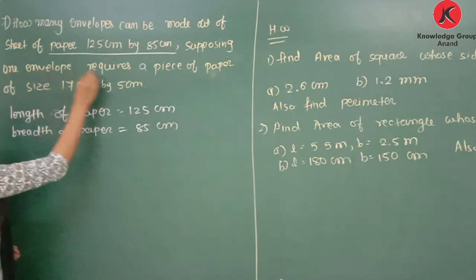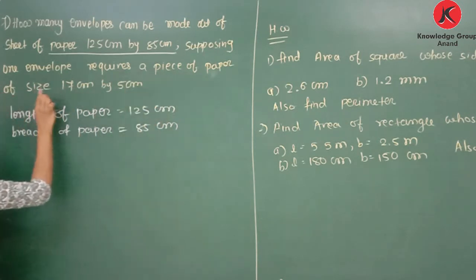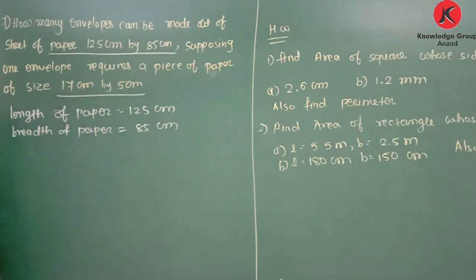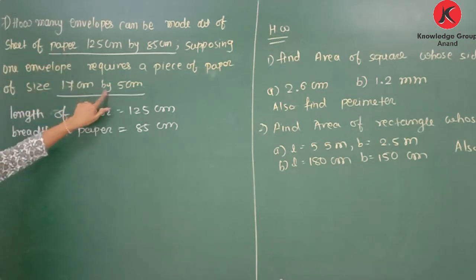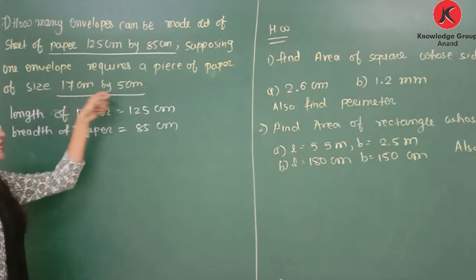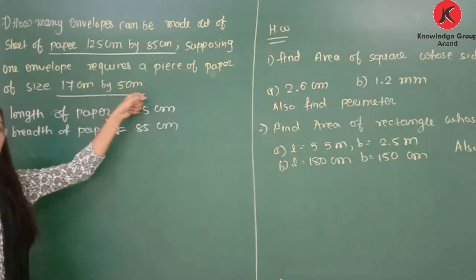Supposing one envelope requires a piece of paper of size 17 centimeter and 5 centimeter. So from the paper we are going to make envelopes, and one envelope requires 17 centimeter by 5 centimeter paper.